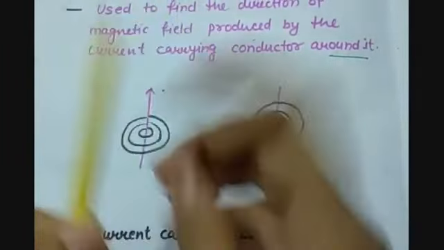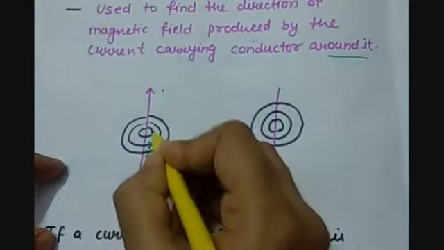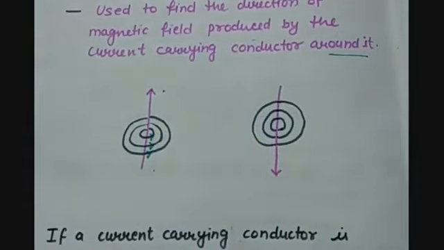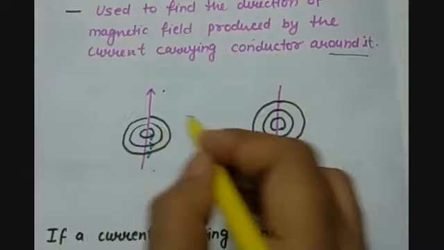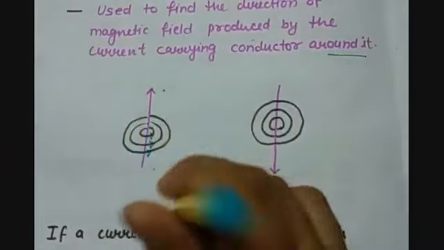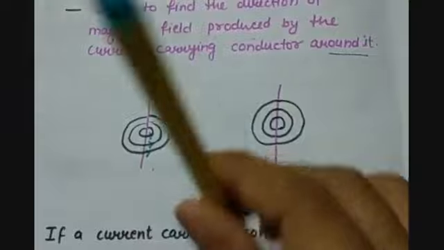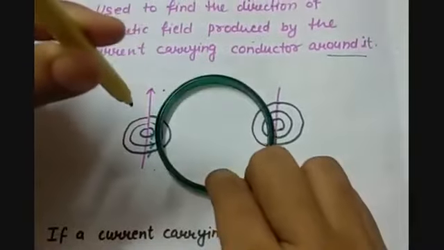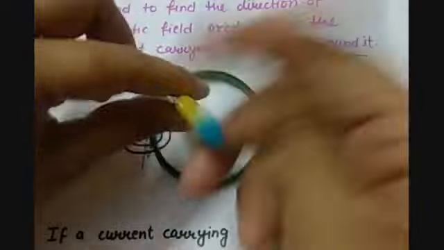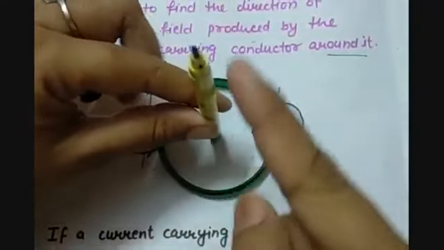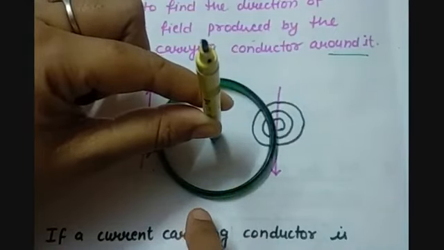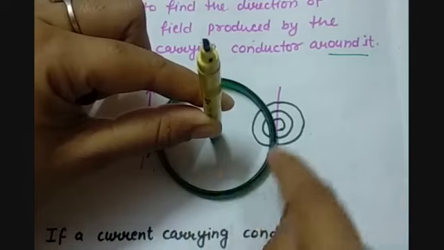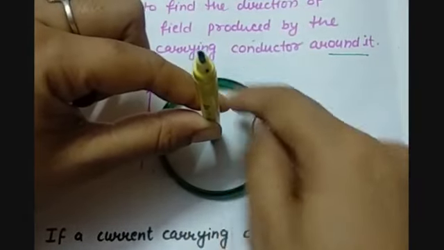So this is the direction of the magnetic field. Let's say this is the circle that we have and this is our conductor having current from up to down, then here this arrow will point the direction of the magnetic field, and when it moves like this, this will be the arrow.